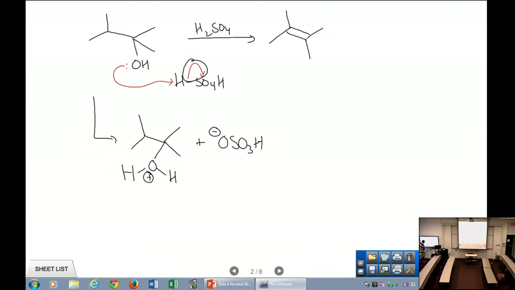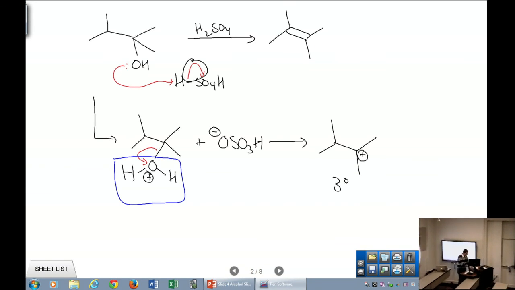So here, you have water hanging off of your molecule, right? And then that water will just leave before anything else happens. It's going to make a tertiary carbocation. These electrons will just go up onto your oxygen, breaking your carbon-oxygen bond. And you'll generate, in this case, a tertiary carbocation.